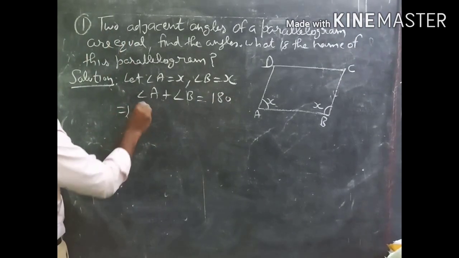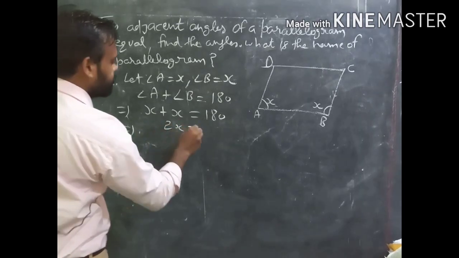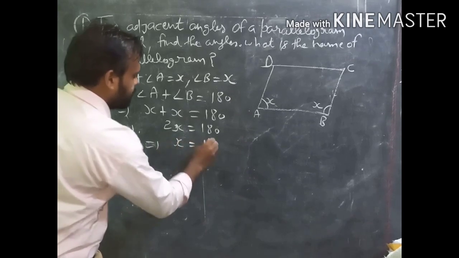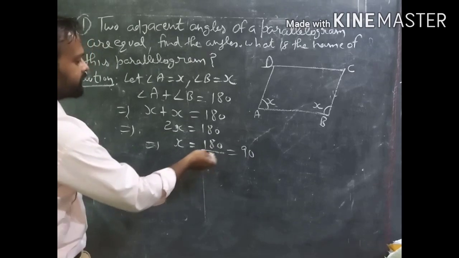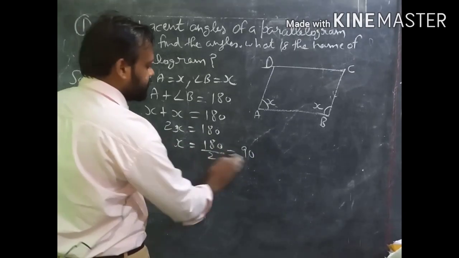Put the values here: x plus x is 2x, equal to 180. Then take this 2 into the denominator, and after dividing it will become 90. So angle A is 90, meaning x is 90.